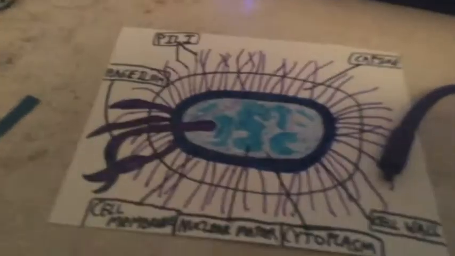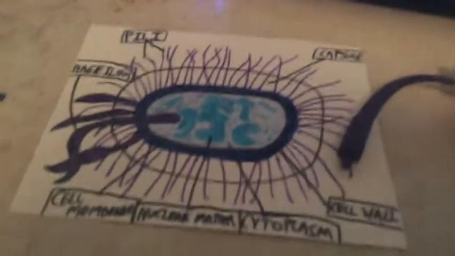As you can see, there is plenty of pili, but we'll get to that later. You also have all your basic cell stuff, such as the cell wall, cell membrane, cytoplasm. Also, there's the flagella for movement. Can only fit one on here.